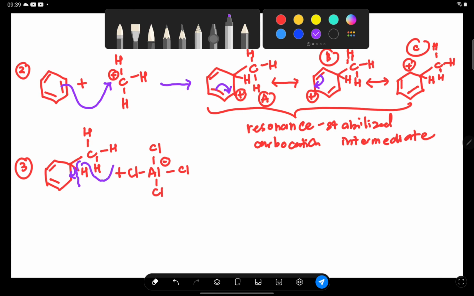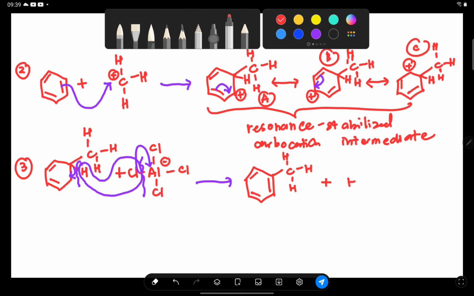This hydrogen will combine with this chloride to form HCl. The bond will break here, 2 electron move to here. So you get the product plus HCl plus AlCl3. Then your mechanism is complete.